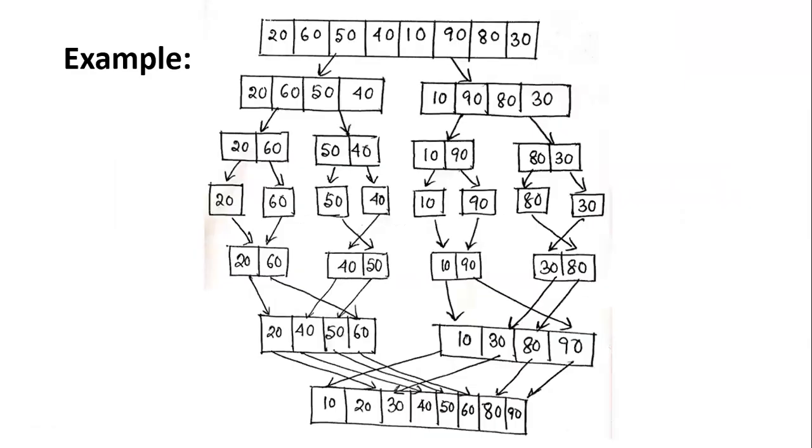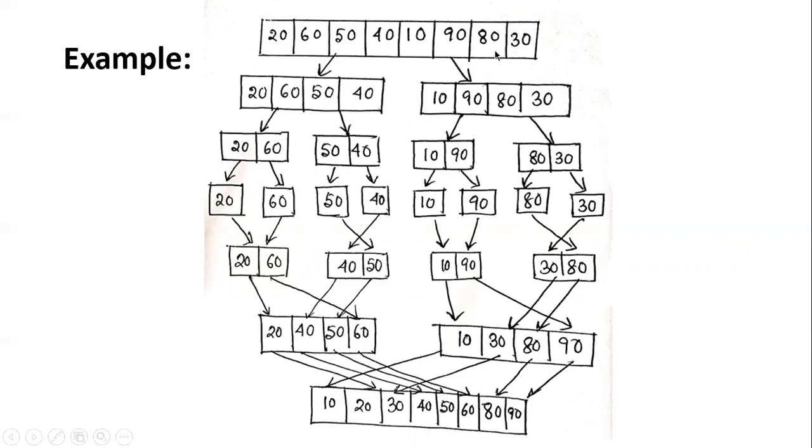Now, before going to discuss the rigorous algorithm of Mergesort, let me discuss how Mergesort will work. Consider I am taking an array 20, 60, 50, 40, 10, 90, 80, and 30. That means these numbers are the content of my array.